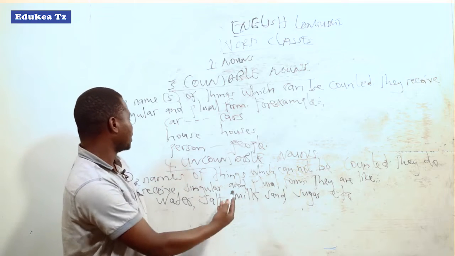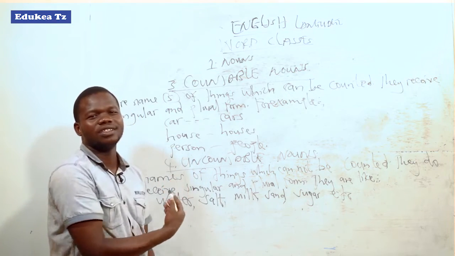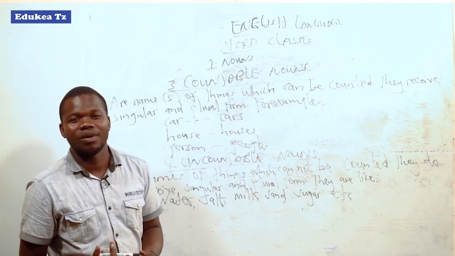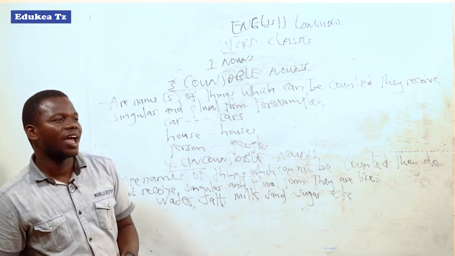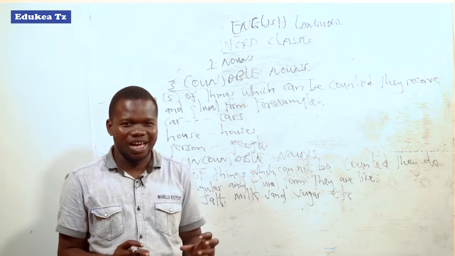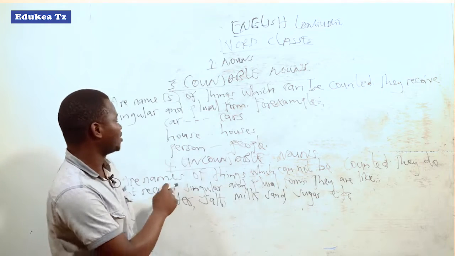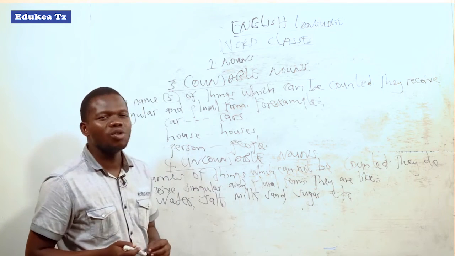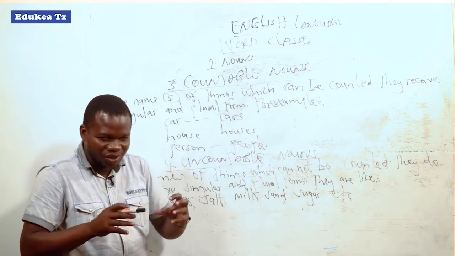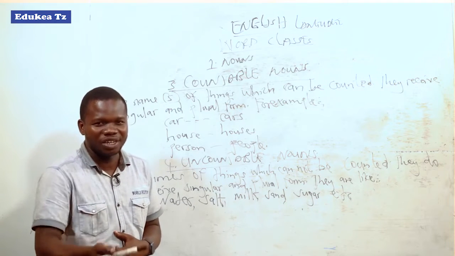Again, we have another example, that is a person. We can't say two person. But if you say, "I met with a person," everybody will know that it is one, simply because this is a countable noun. The word person itself is in counted form.